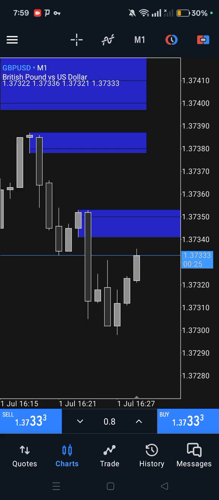It looks like the supply is gonna get retraced into, with a very minor break of structure, possibly. Nope. Okay. That just pretty much takes away the chances of this being a demand zone.